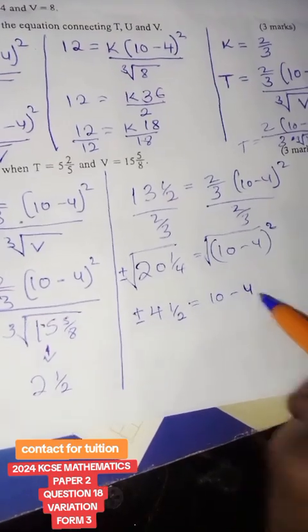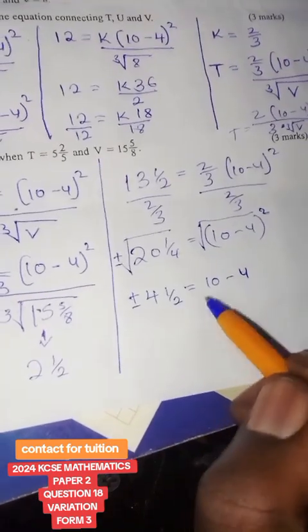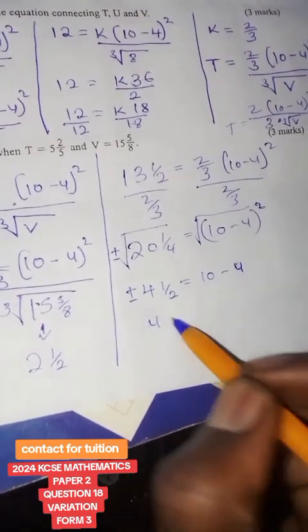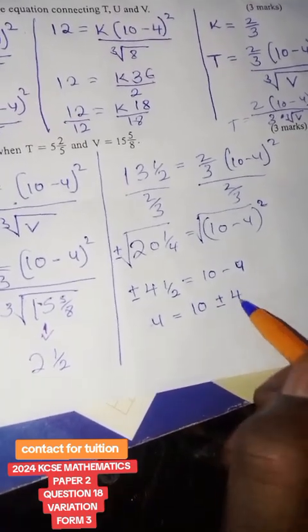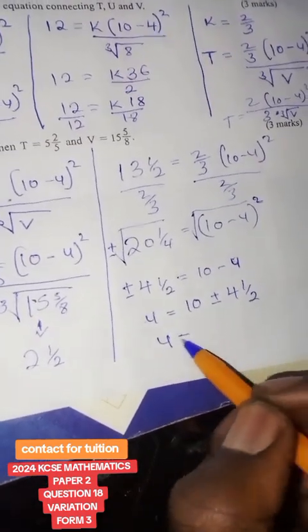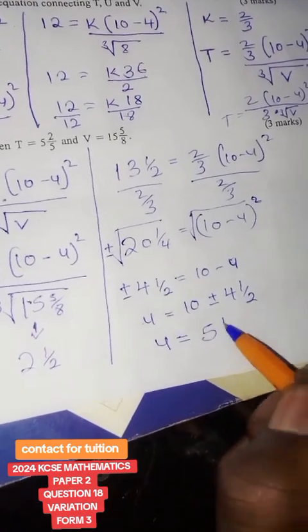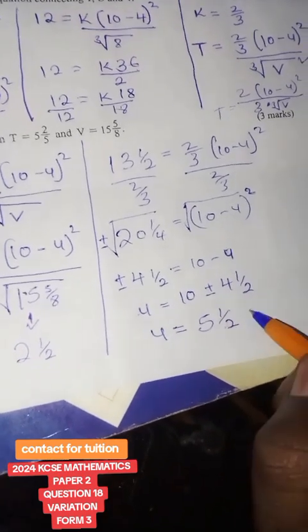So to get the value of U, we are supposed to have two values of U. Still no problem if you have one value. If U goes to this side, this one will go to the other side. So we have 10 plus or minus 4.5. Therefore, the possible values of U: the first one was supposed to be 5.5, because 10 minus 4.5 is 5.5.